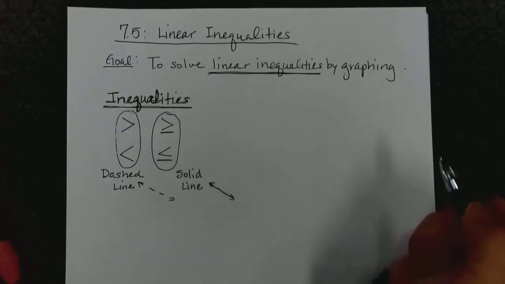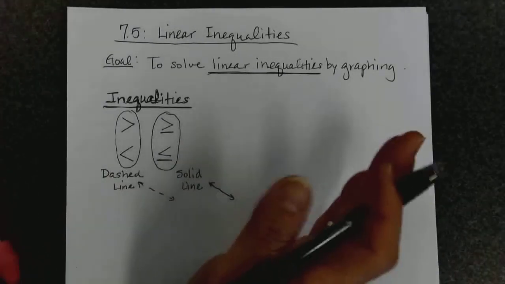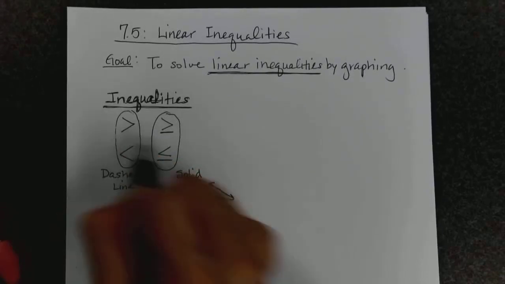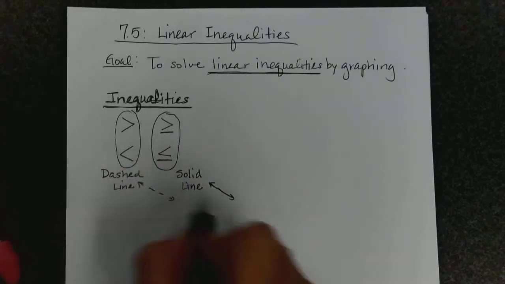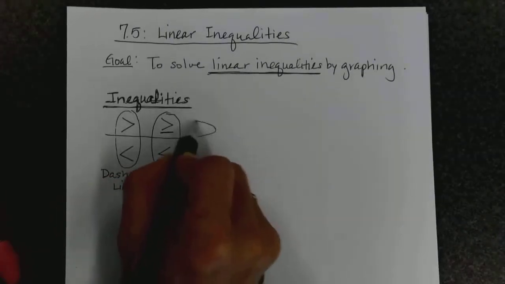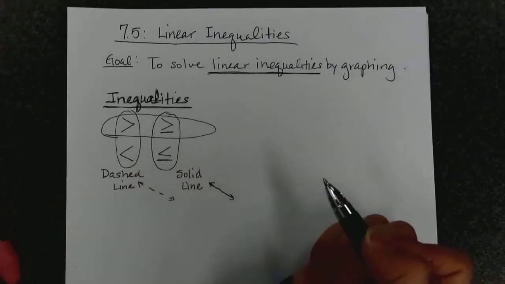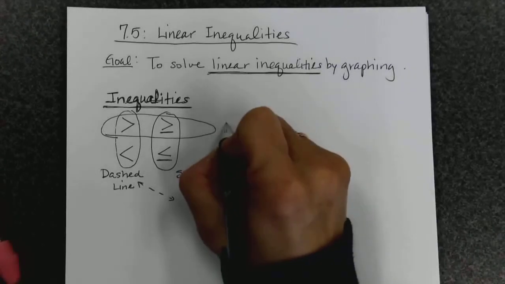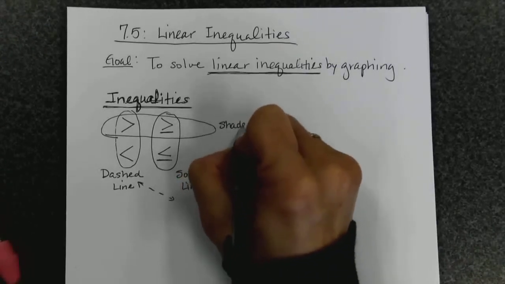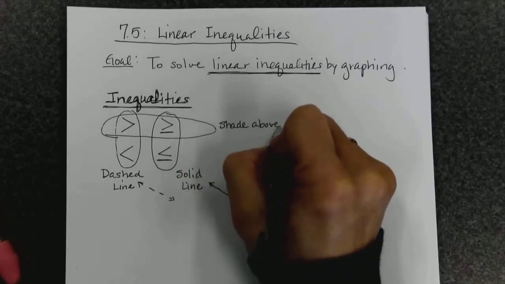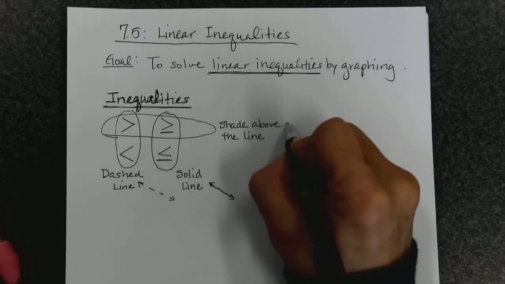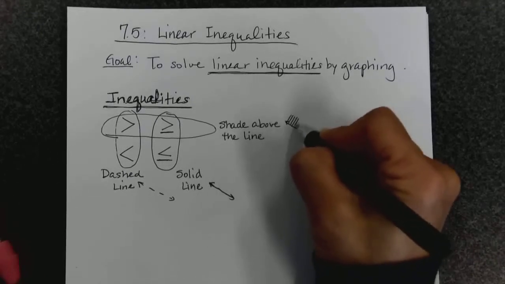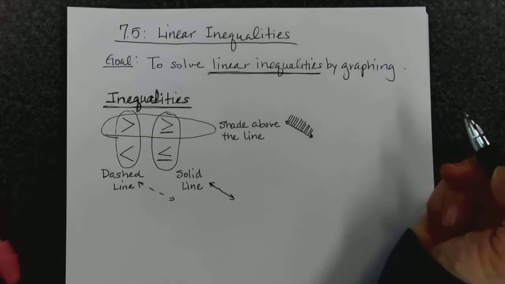And then when we talk about shading, when it's greater than, on a number line we shade to the right, but here it's with respect to the line that we've drawn. If it's greater than or equal to, we shade above the line. If I had a line that looks like this, this side would be the greater than side.